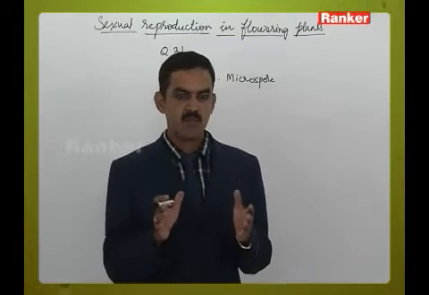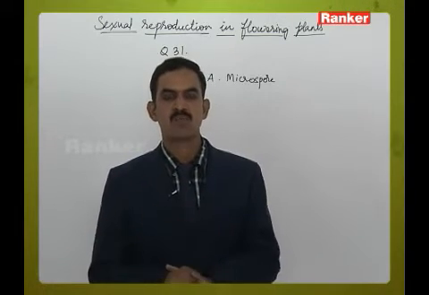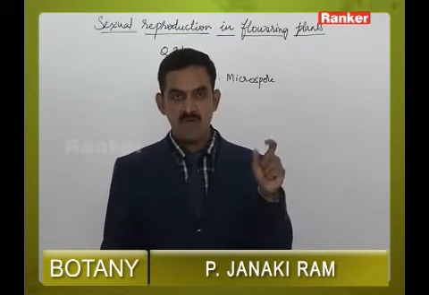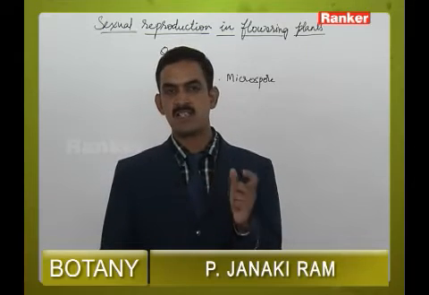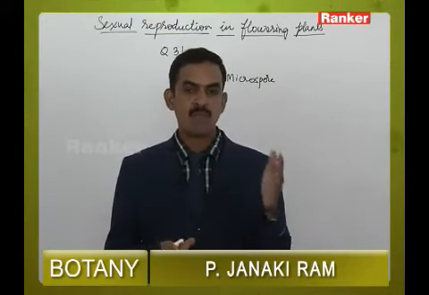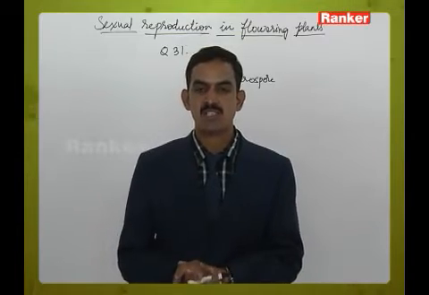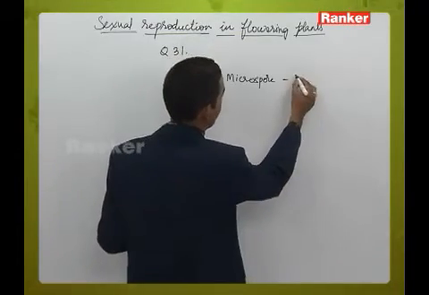Because from here onwards the male gametophyte will start its journey, giving rise to two cells, the vegetative cell and the generative cell, and further the generative cell will divide to form two male gametes. After the formation of the pollen tube, the 3 cells, that is the vegetative nucleus and 2 male gametes, will enter it, and that is acting as the male gametophyte. So all the structures are formed from the microspore. So we consider this microspore as the first cell of the male gametophyte, that is 4.